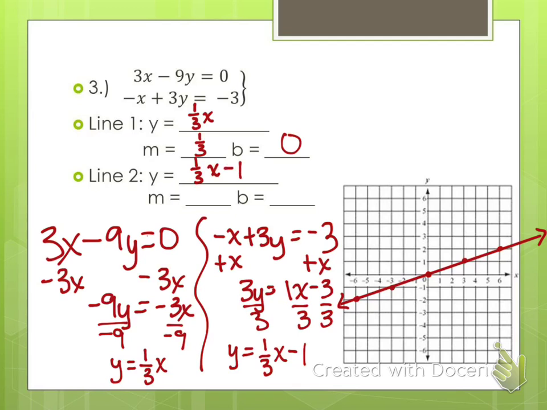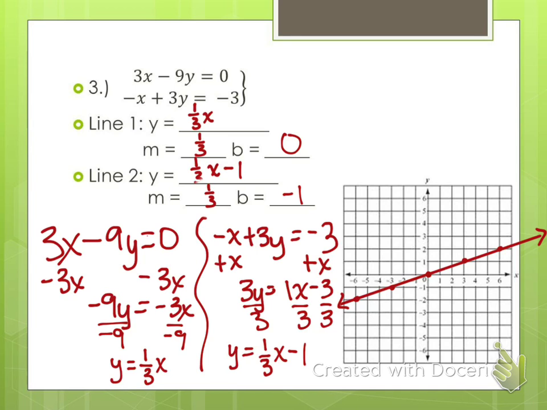So we go to fill in our blanks. 1/3 x minus 1. What is my m? And my b? May? 1/3 and -1. Good. Sorry, that's a positive 1/3 here. Getting ahead of myself. There we go.